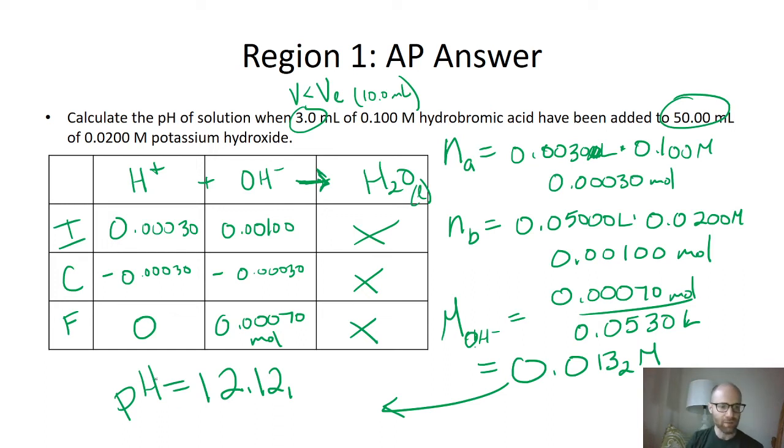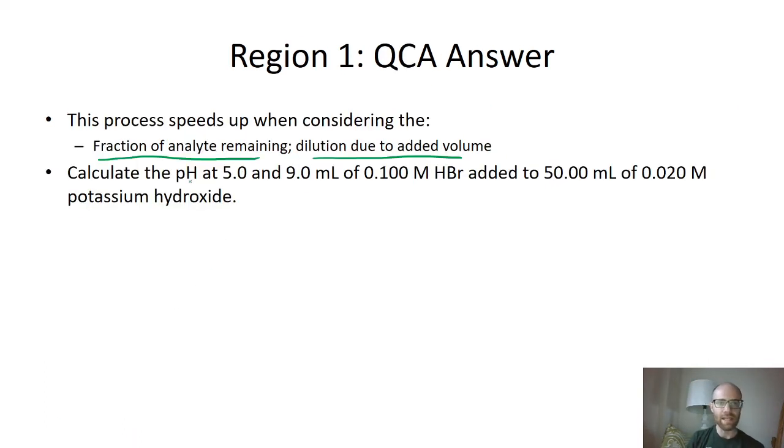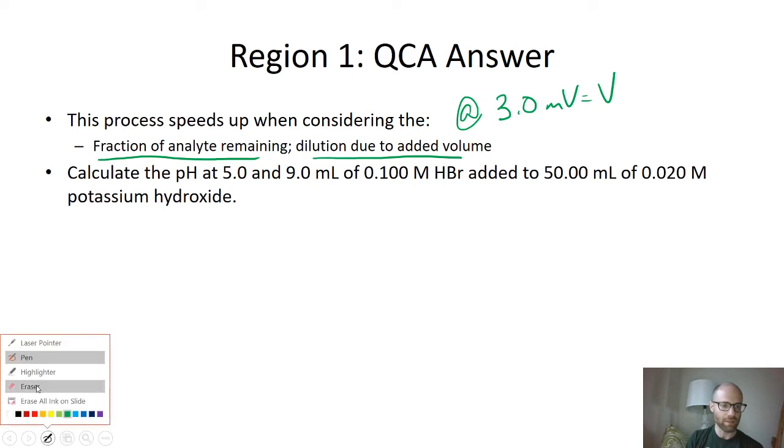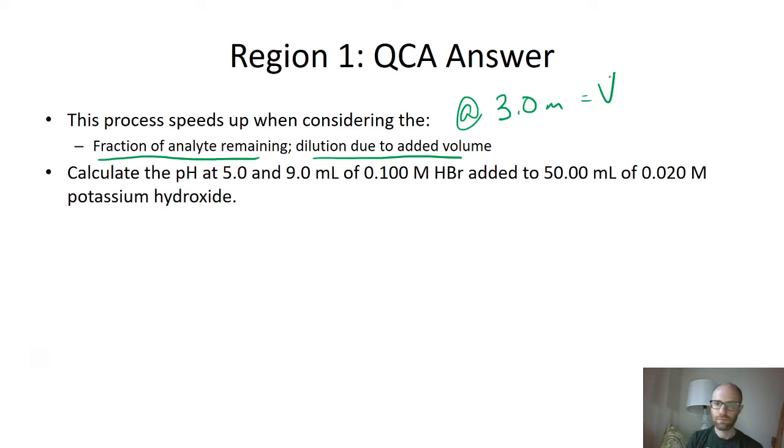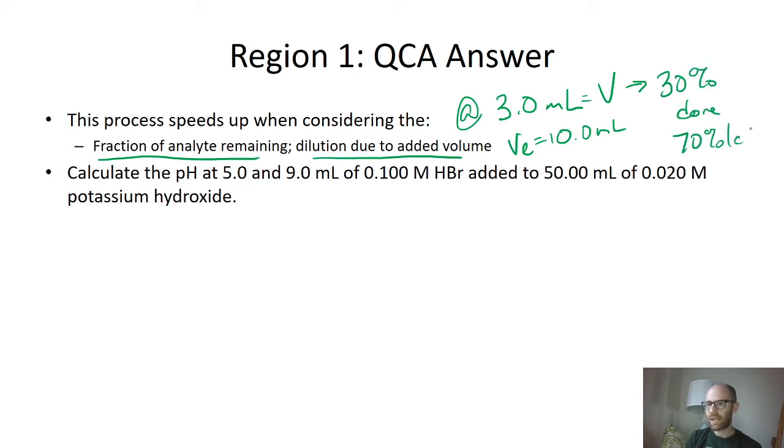That is to say, let me write out the equation, that at 3 milliliters, and I'm going to get to the 5 and the 9 in a second, I just want to make sure we can get the same answer. At 3 milliliters, oops, that's not millivolts, that should be milliliters. And if the equivalence volume is 10, this represents 30% done, or 70% left.